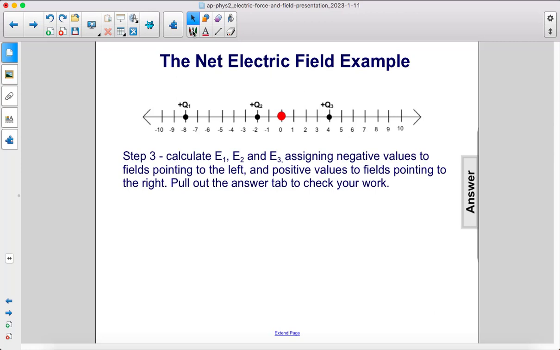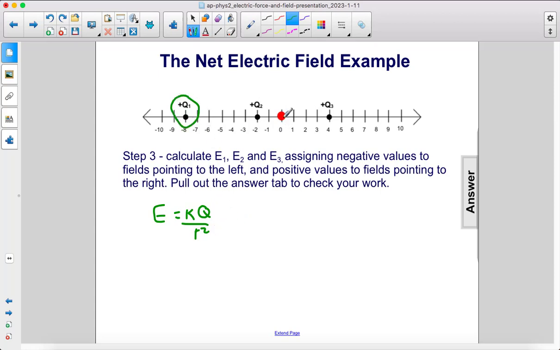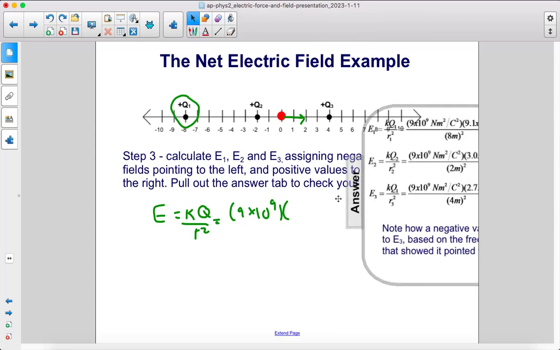Step 3, calculate E1, E2, and E3, assigning negative values to fields pointing left and positive values to fields pointing to the right. All right, so the magnitude of electric field due to a point charge is kq over r squared. So for the first charge, we're going to have this little vector here, and we're going to plug in all our info, right? So 9 times 10 to the 9th, that's k. The charge of q1, we can just pull this out here.